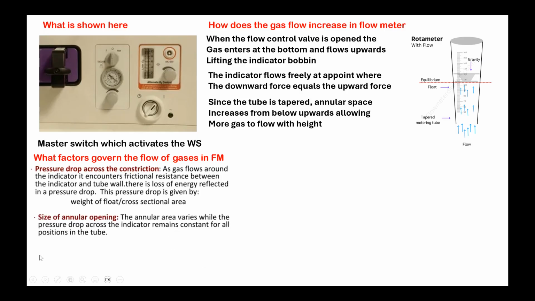This is a very, very important thing. Every gas has two properties. One is called viscosity, another is called density. All of you would have learned about it as high school students in physics. What is the difference between density and viscosity? Laminar flow depends upon the viscosity of the gas.